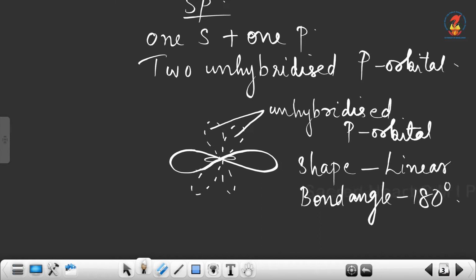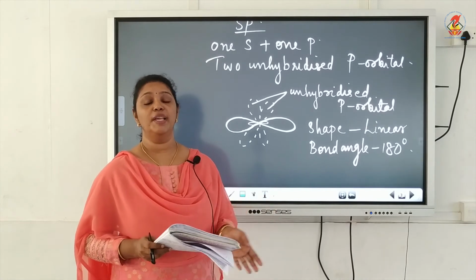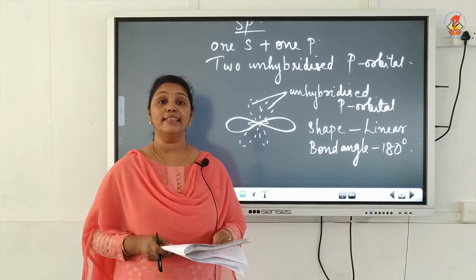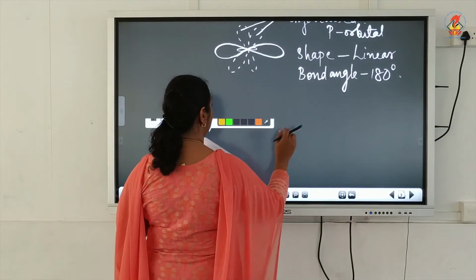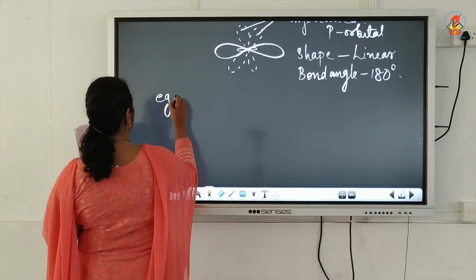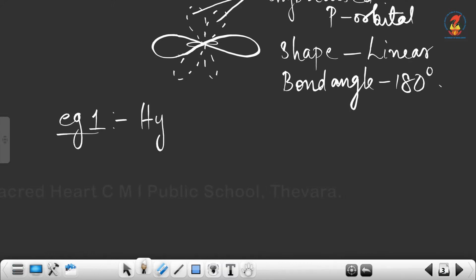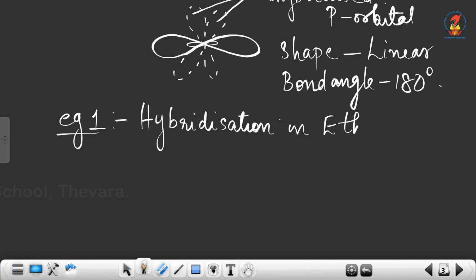Okay. Now let's explain this sp hybridization taking ethine as example. So example 1 is hybridization in ethine.